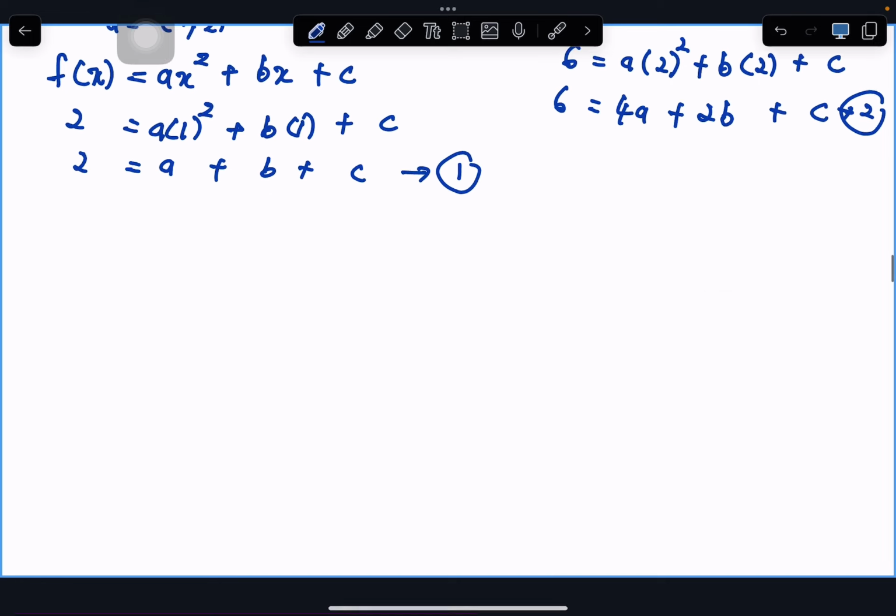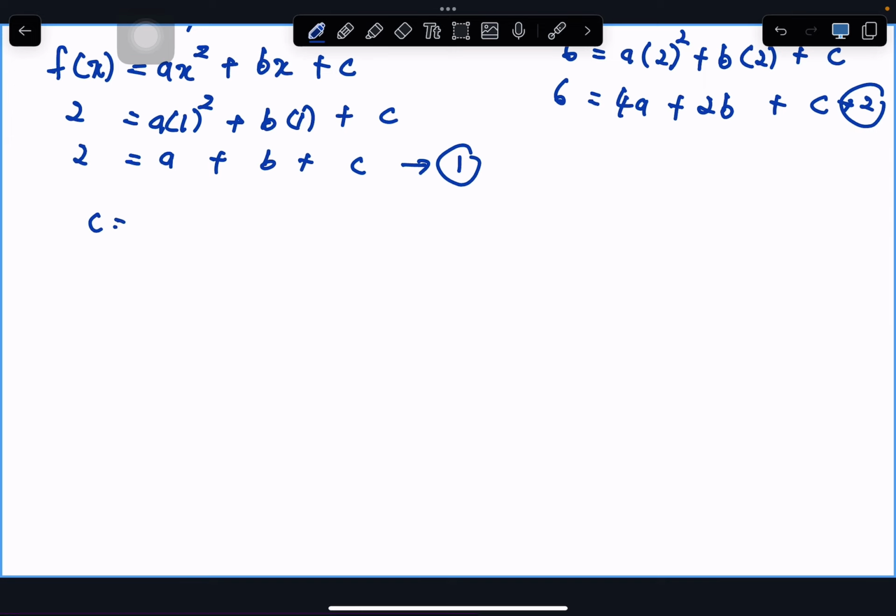And our third point is (0, 4). What do we do with (0, 4)? Substitute.